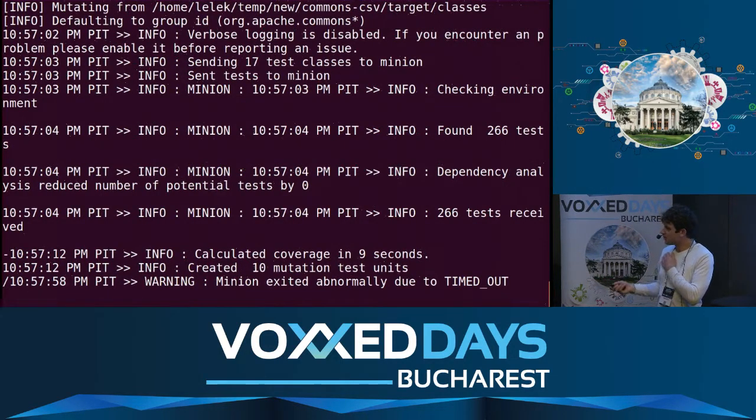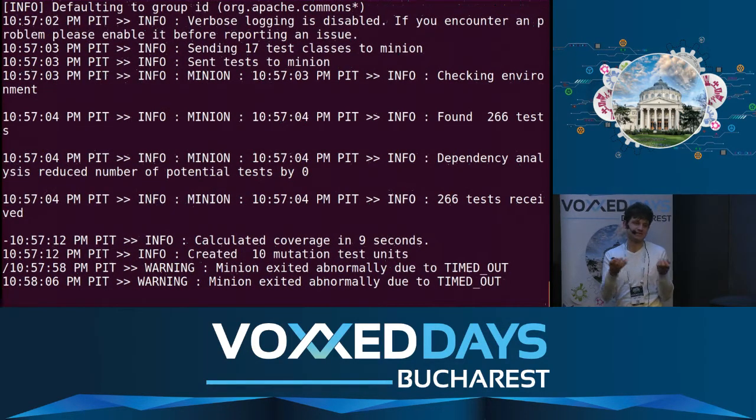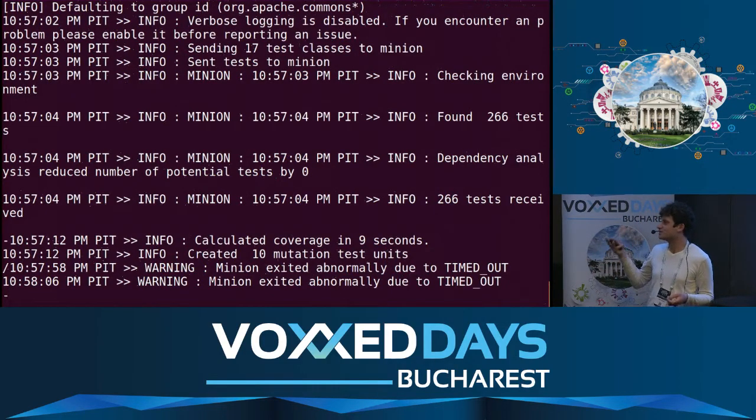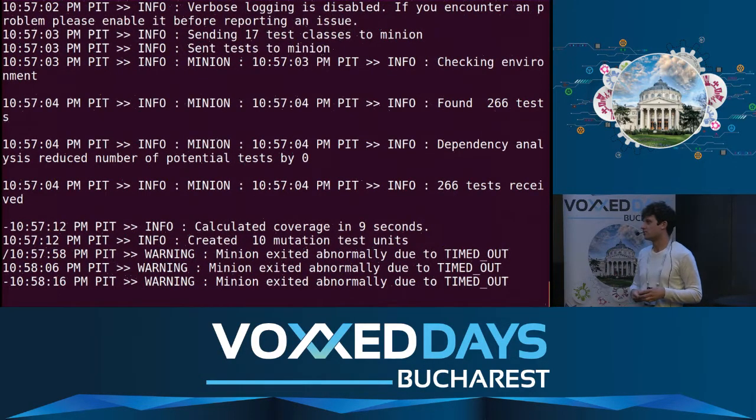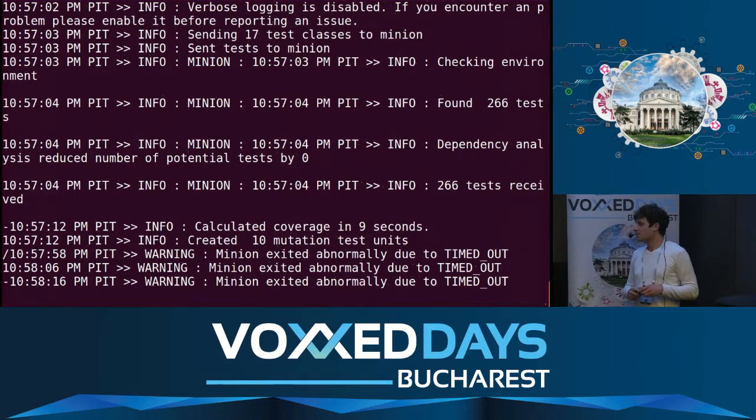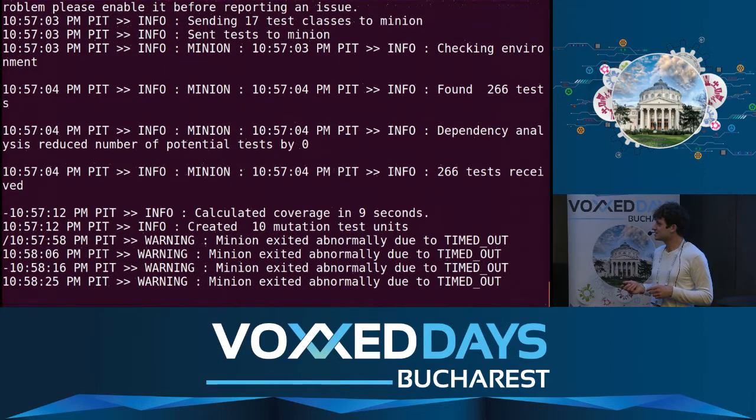The main problem, in fact, what you see here, is timeouts. For each timed-out test, we have to wait, and that's the main reason why it takes so long in this example. If we didn't have timeouts, it would be way faster. So you see, you can use it, but it's still not so fast.